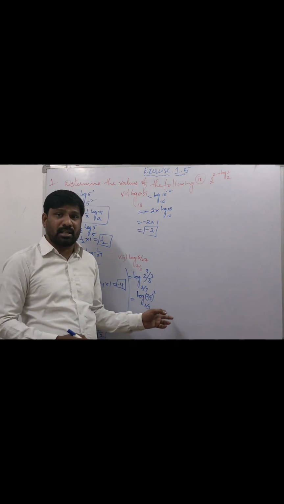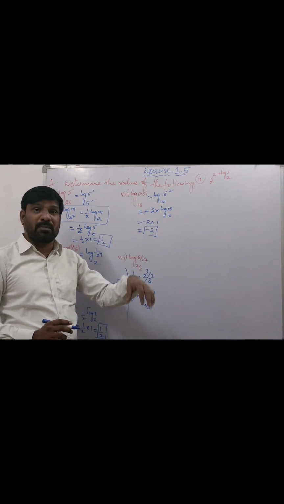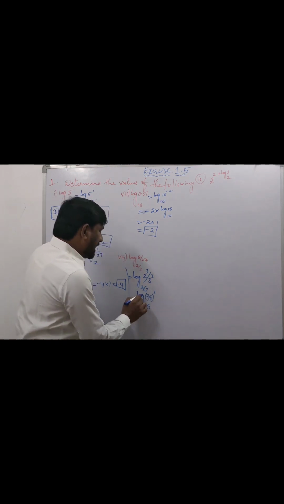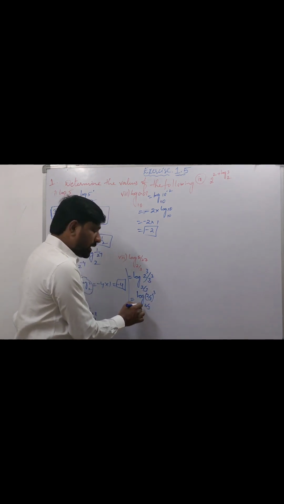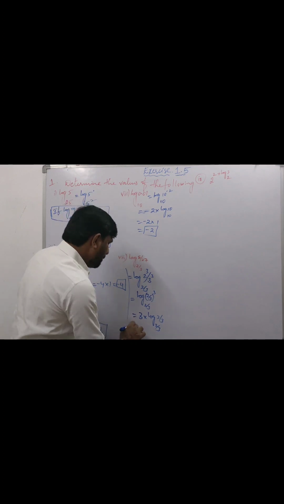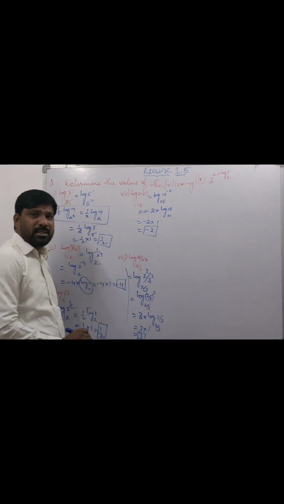These are laws of exponents, not laws of logarithm: a power n by b power n can be written as a by b whole power n. So this is logarithm of m power n to the base 2 by 3, which means 3 into logarithm of 2 by 3 to the base 2 by 3, which is 3 into 1, equal to 3. 3 is your required answer.